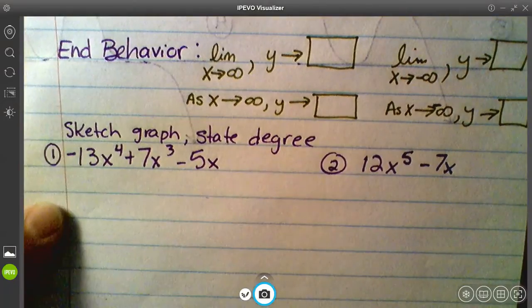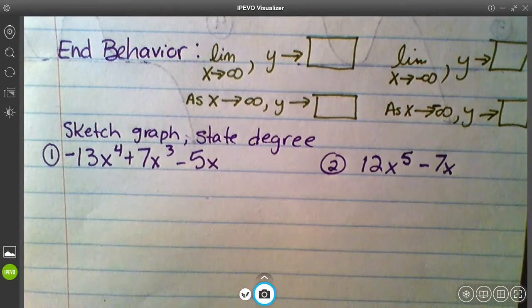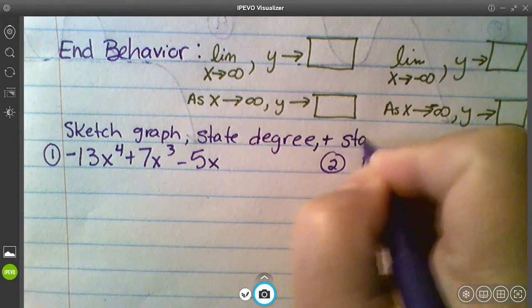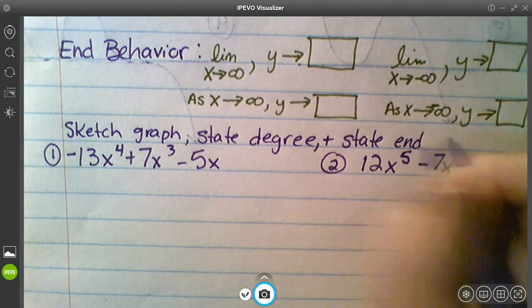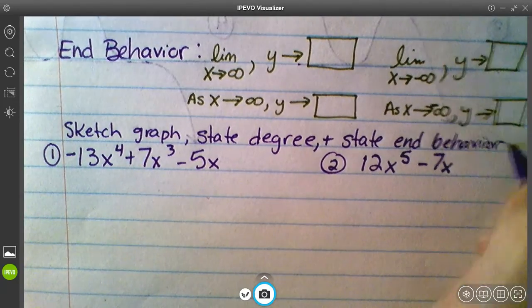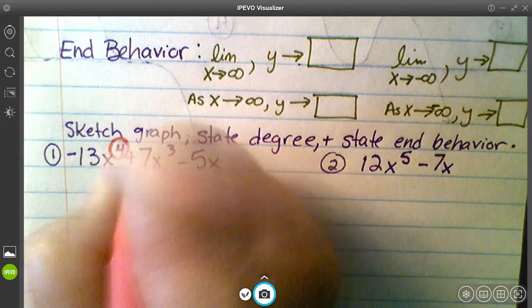So I want you to sketch the graph and state the degree and state the end behavior. I did not write that. And state end behavior. Okay. So the first thing I'm going to look at is that this is an even degree here.